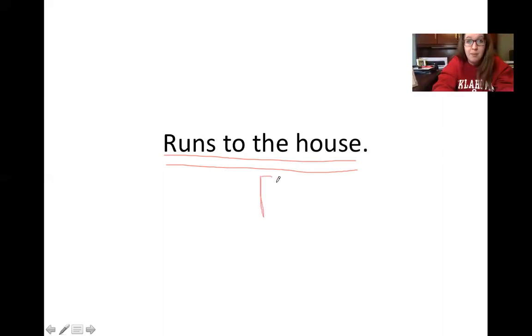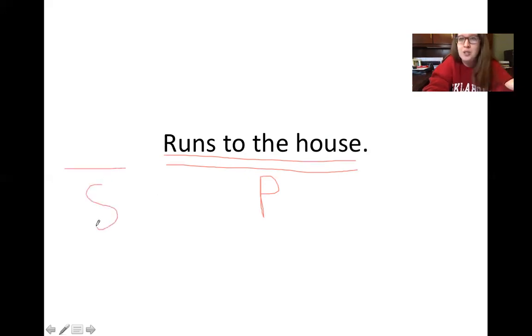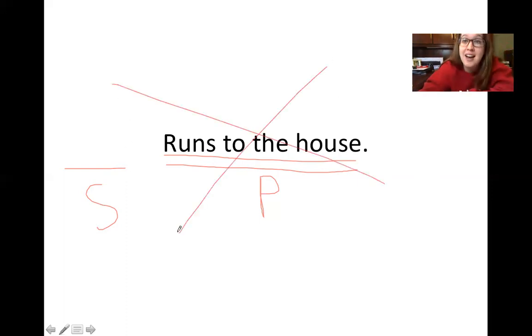So here we have the predicate. We know what they're doing, but do we know who is running to the house? No, it doesn't tell us. On this sentence, we're missing the subject. We don't know who is running to the house. So is this a complete sentence or an incomplete sentence? Should see thumbs down. This one gets an X. It's incomplete. It does not have all of the parts that it needs to be a good sentence.